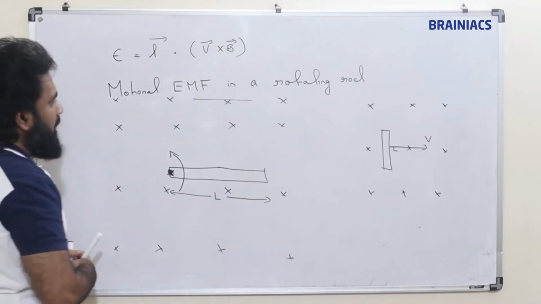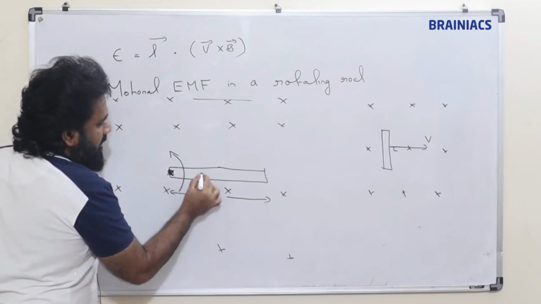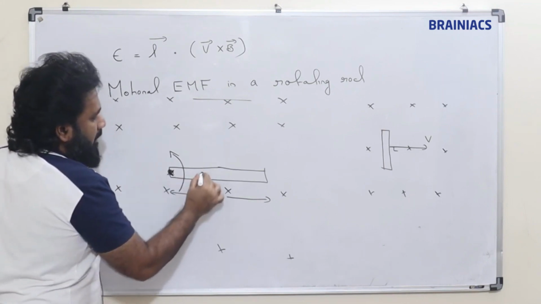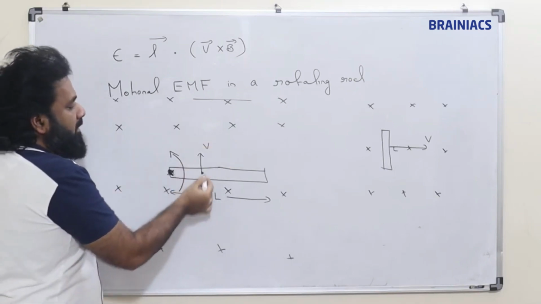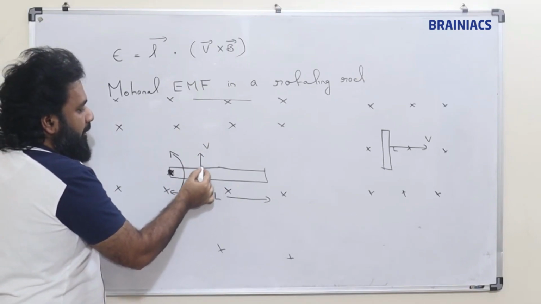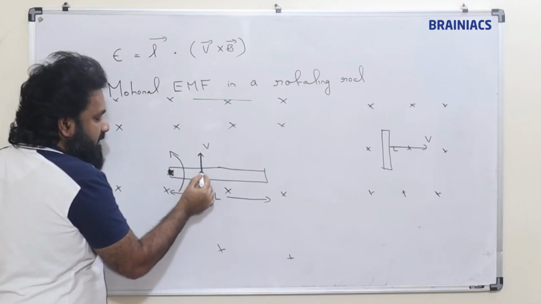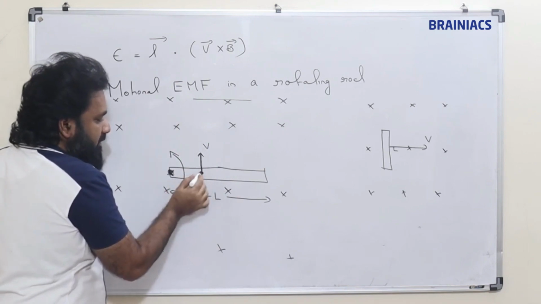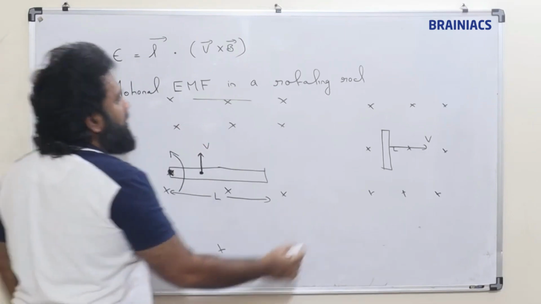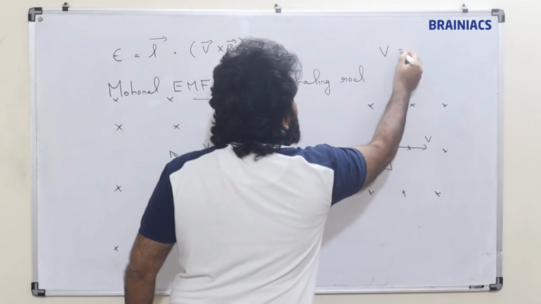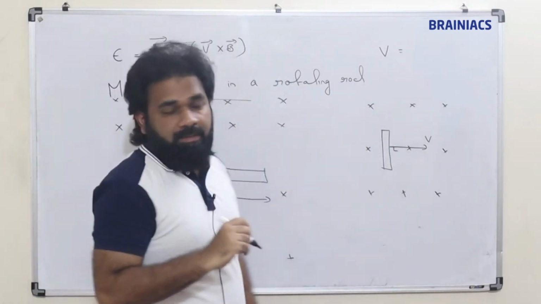Suppose I consider this point. At that instant it has its velocity in the perpendicular direction. Since this is rotation, we have to consider angular velocity also, right?